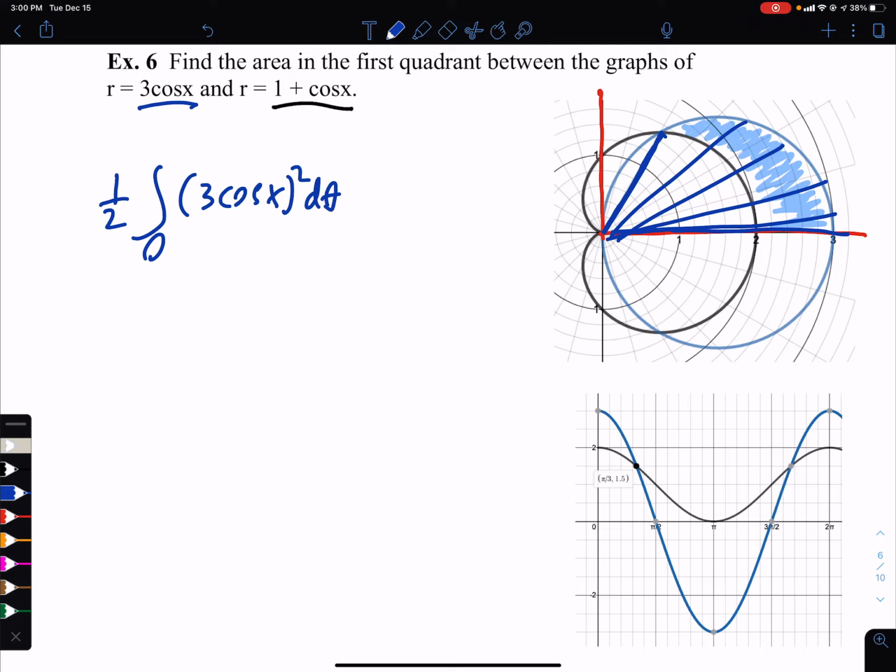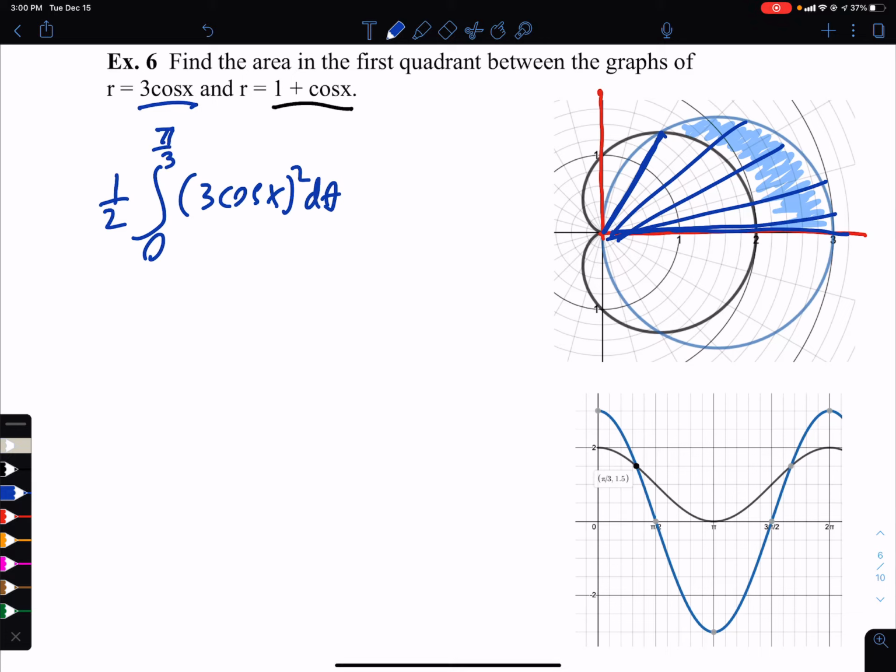Now the question, where do these intersect? Well, that's why we graph them both on the xy coordinate, and we find that. If this was your graphing calculator, you'd find the intersection of the two graphs, and it's pi over 3. So this will be pi over 3.